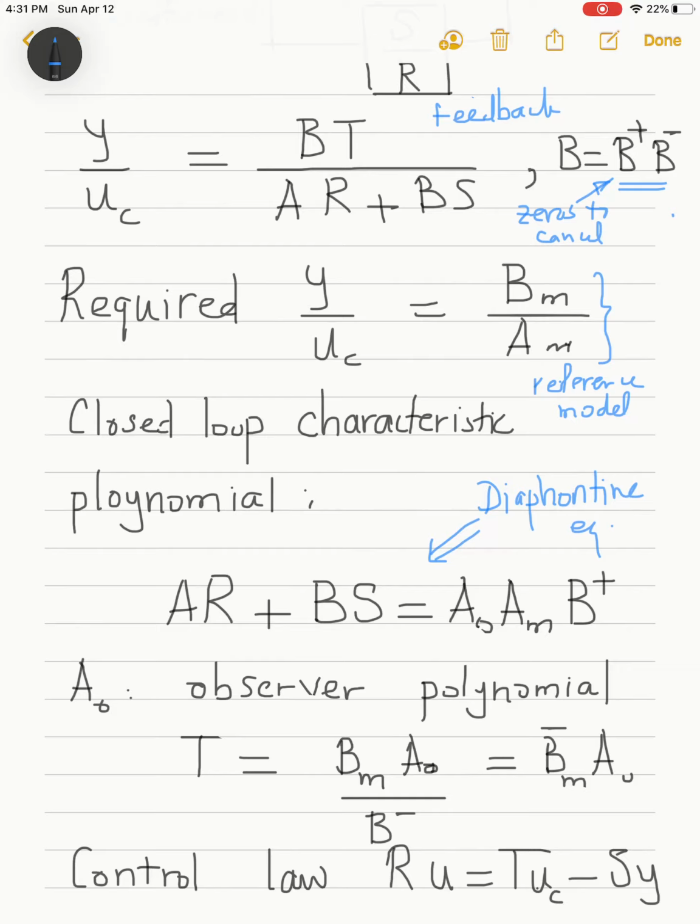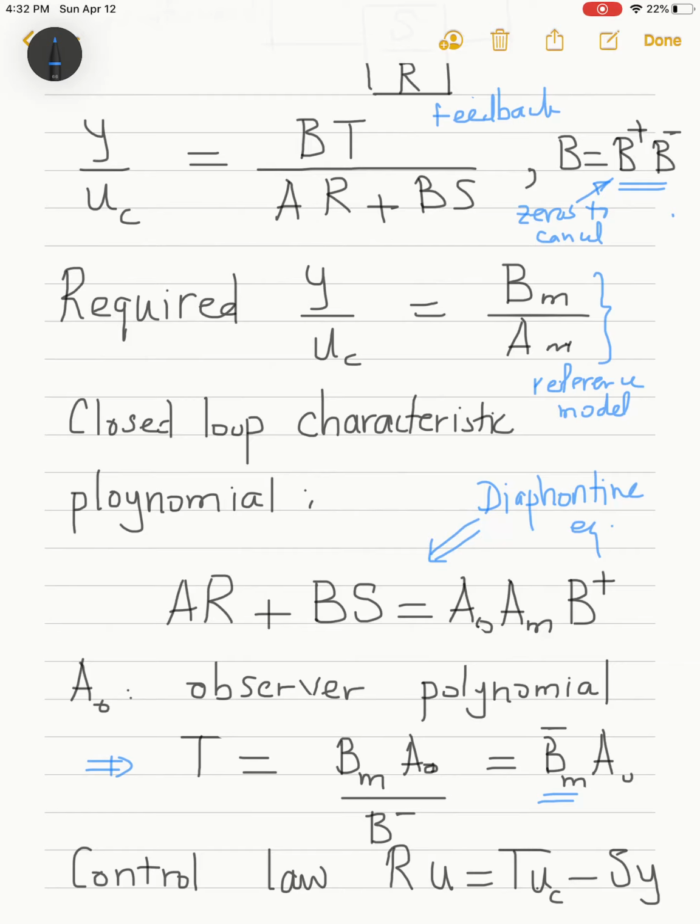The other polynomial that completes the control design is T, and that polynomial T is equal to the numerator of the reference model times the observer polynomial divided by the remaining part of the original plant that has not been cancelled. And as we mentioned before, the polynomial Bm should contain B minus as a factor. So if we divide, the result would be some polynomial or a constant. We call it here Bm bar, and that is multiplied by the observer polynomial.